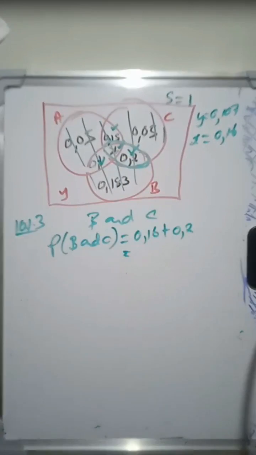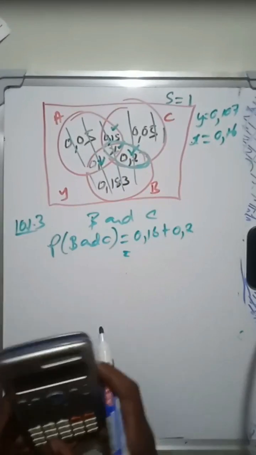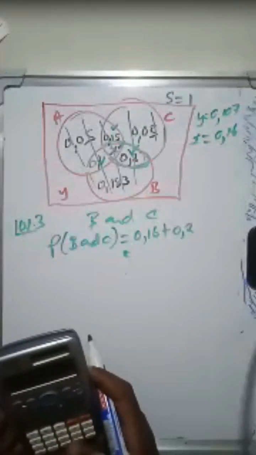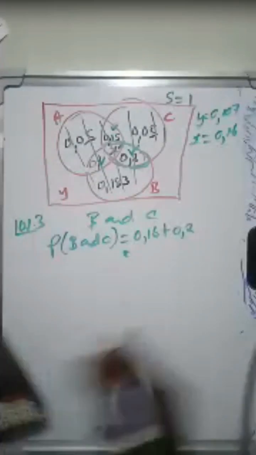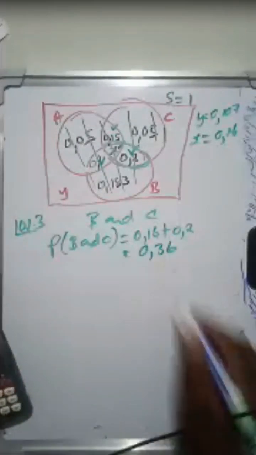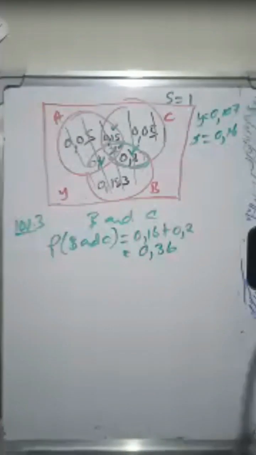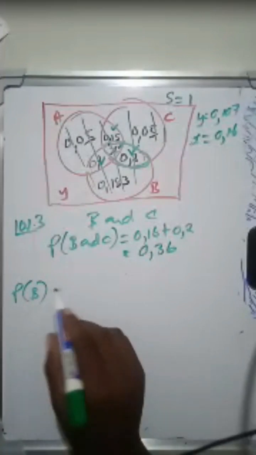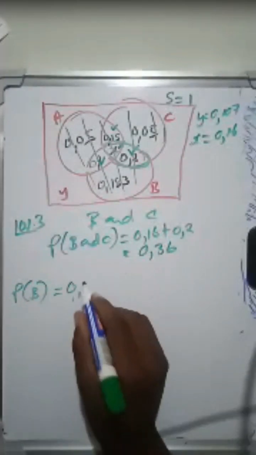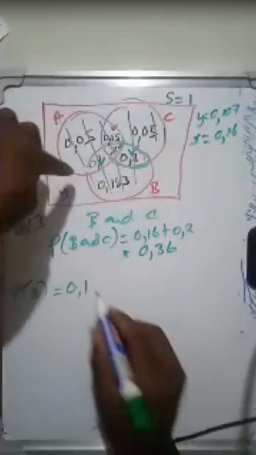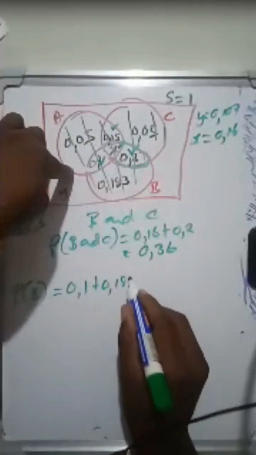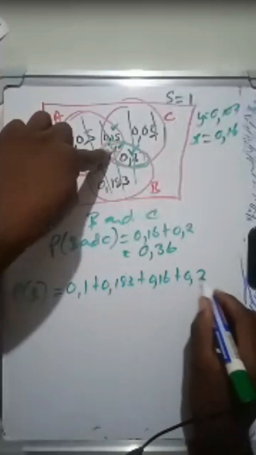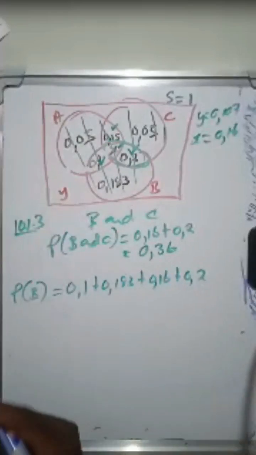What do we get? 0.36. Okay? Then what is the probability of B? The probability of B is going to be 0.1, all that is in B, plus 0.183 plus 0.16, which is x there, plus 0.2.